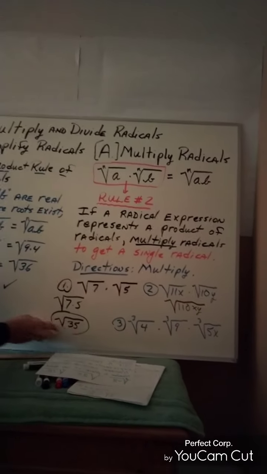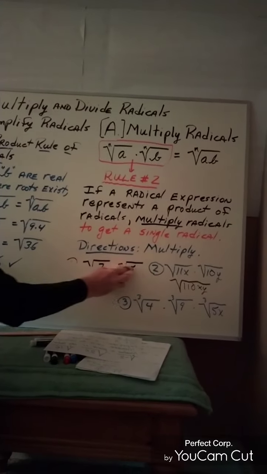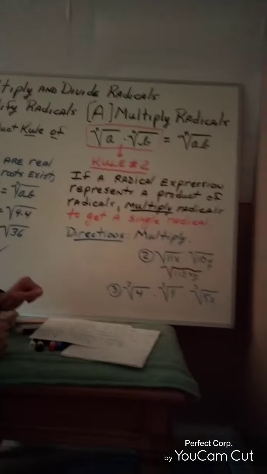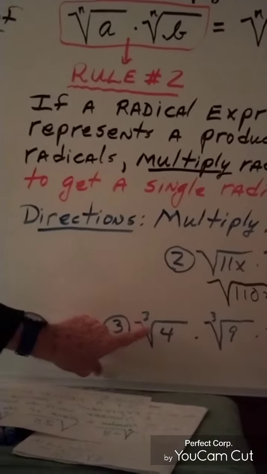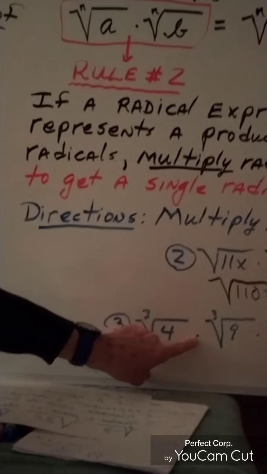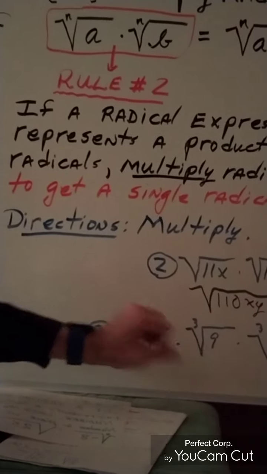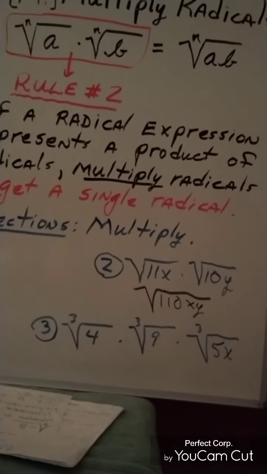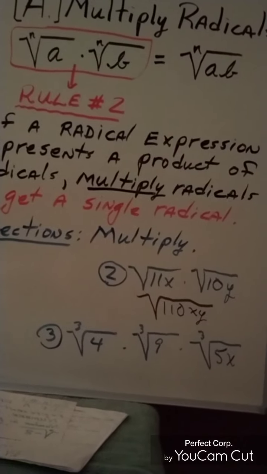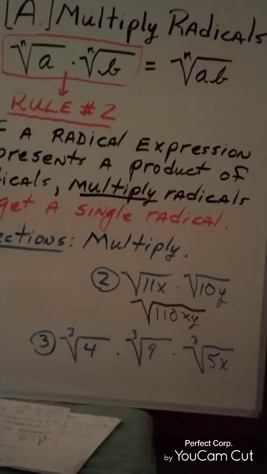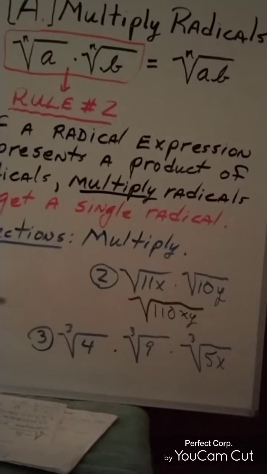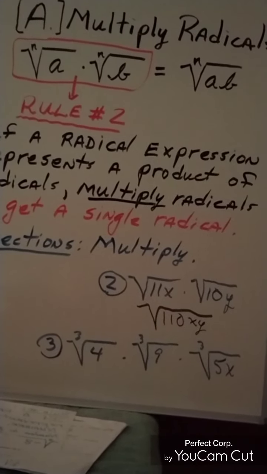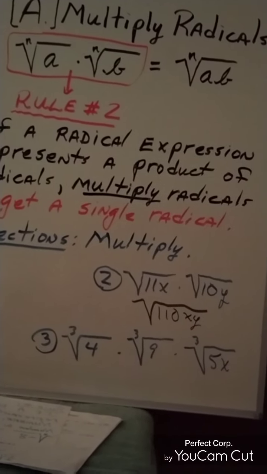Number 3. Let me just kind of erase this little section right here. Number 3. The cubed root of 4 multiplied by the cubed root of 9 multiplied by the cubed root of 5x. Notice that the indices must be the same, and they are the same. So when we multiply those radical expressions together, make sure that you include that index.